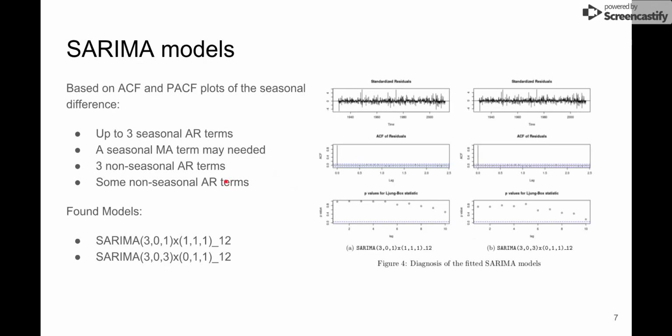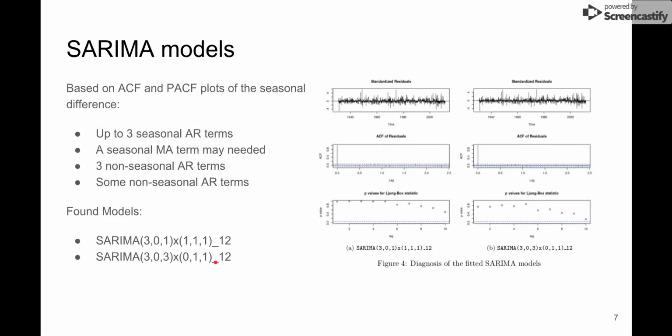So because of that, I came up with 2 different SARIMA models. I included 3 autoregressive terms, as I explained. In one of them, I included 1 moving average, and in the other, 3 moving averages for the non-seasonal part, for the sake of variation. And obviously, we have this seasonal difference.